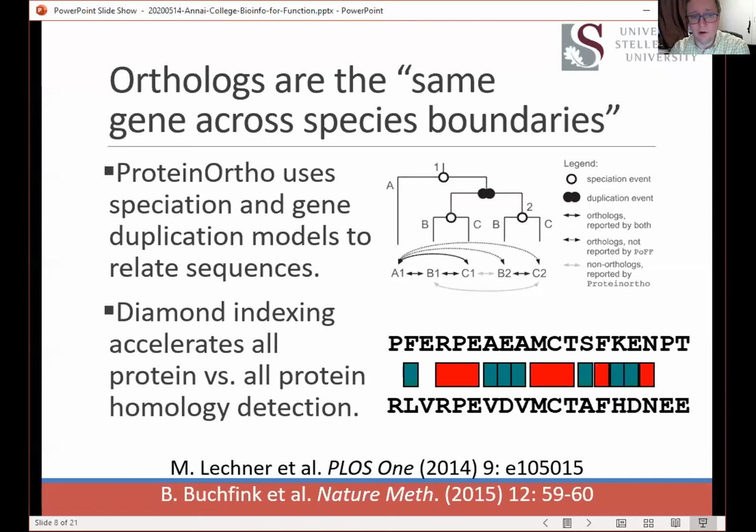So protein ortho was originally designed around the concept of reciprocal best hits in BLAST, which is to say, if gene A is similar to gene B in BLAST, gene B is also most similar to gene A in BLAST.